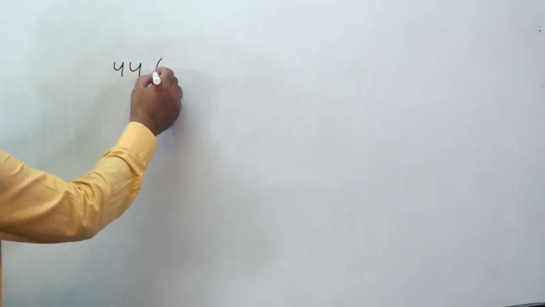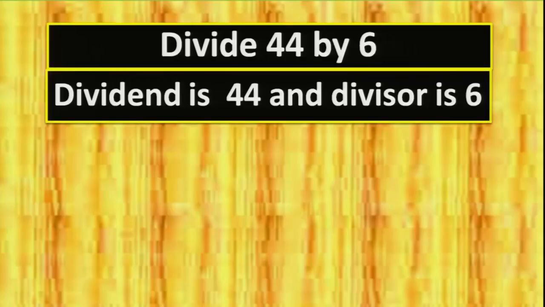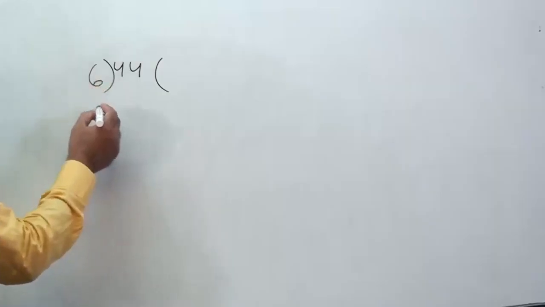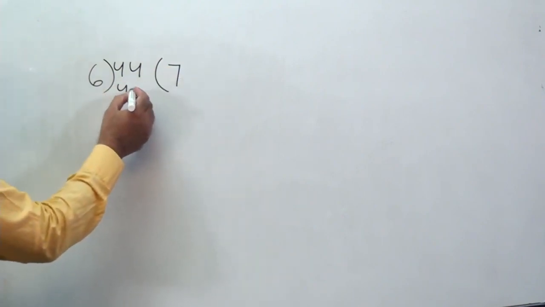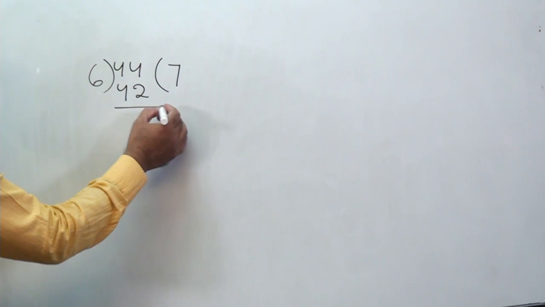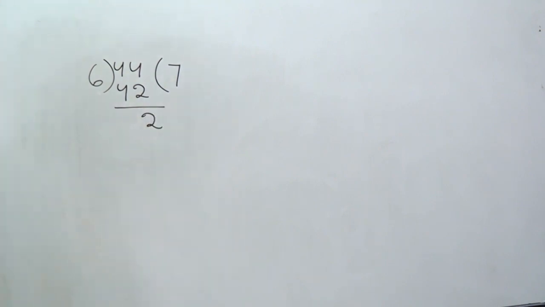44 divided by 6. Here the dividend is 44 and the divisor is 6. The quotient will be 7 and we get 42, and from this we have the remainder as 2.